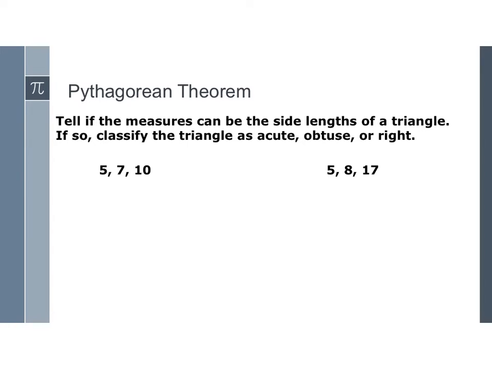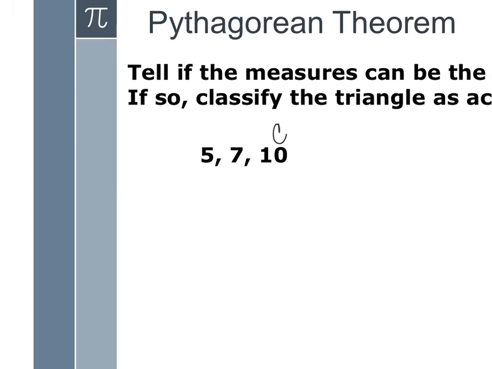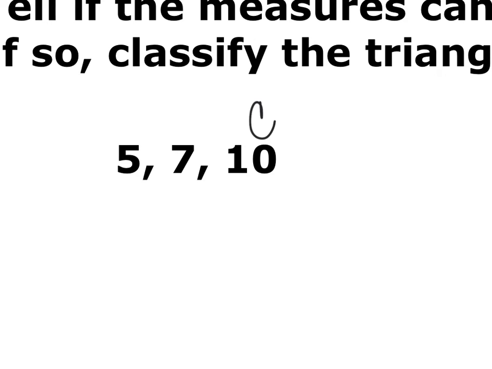The biggest side has to be c. And one of the things we talked about a long time ago is that in order for three sides to be a triangle, I need to pick any two sides, and they have to be bigger than the third. So if I label these, this is a, this is b, and this is c.